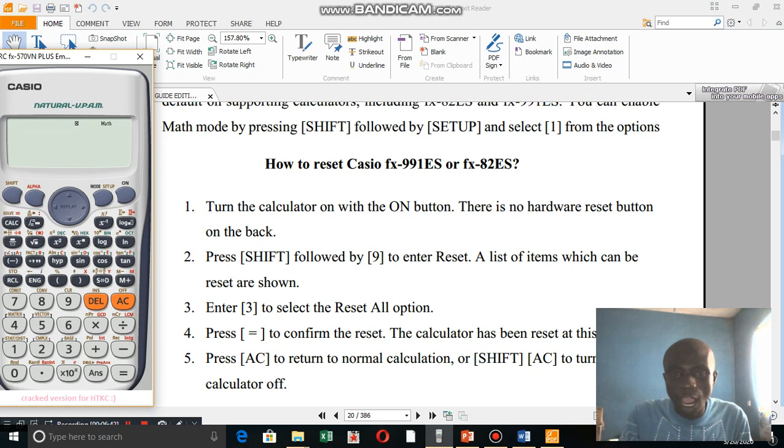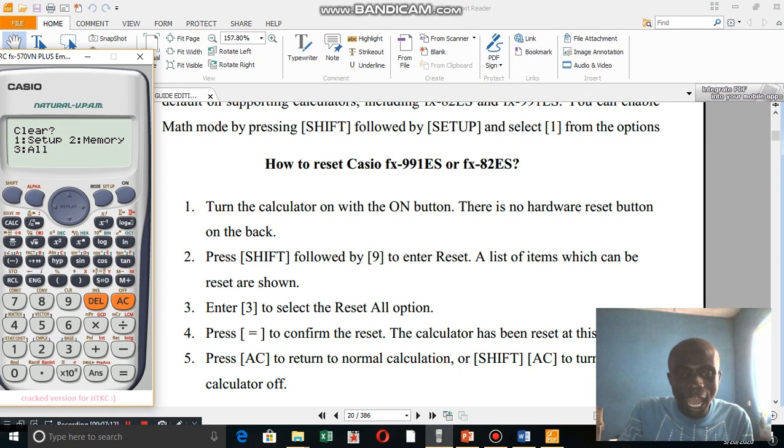Now we want to reset our Casio FX-991 calculator. We have already turned on our calculator. You press Shift followed by 9. When you press Shift, then you follow with CLR, the golden label on the 9. You have options: setup, memory, and all.